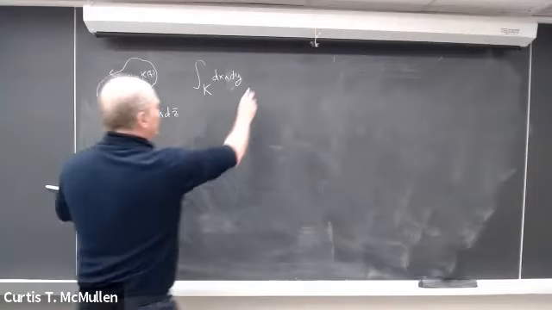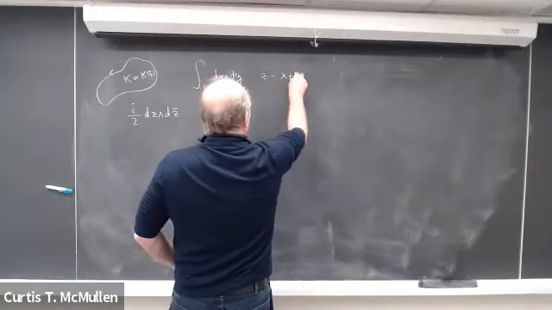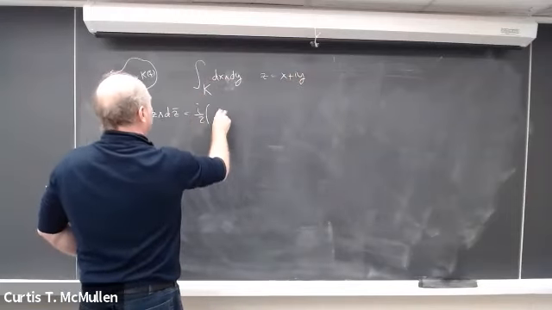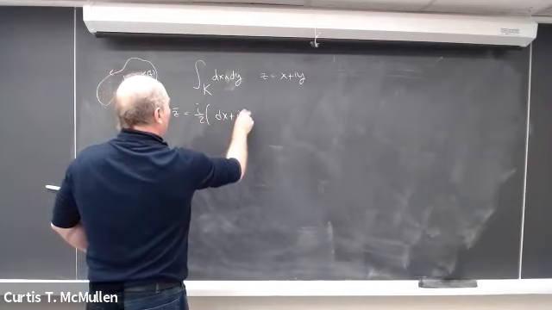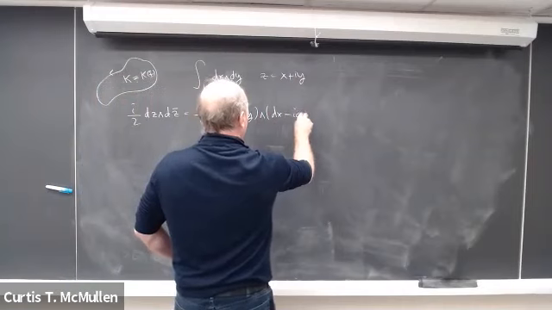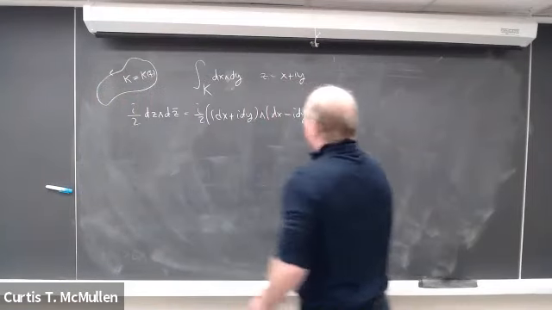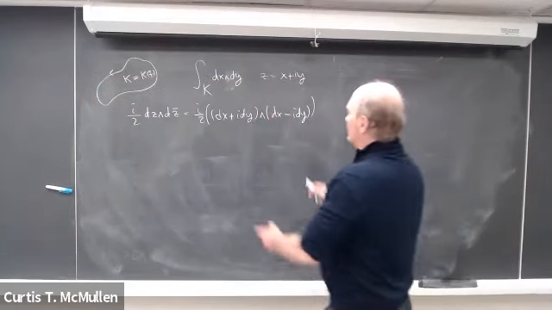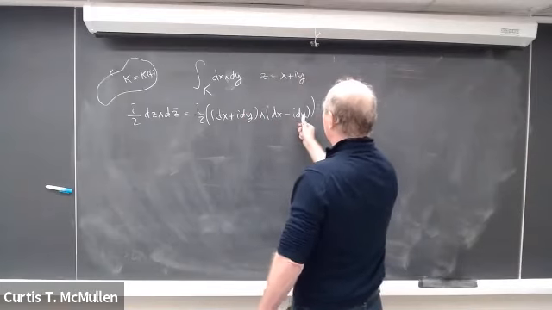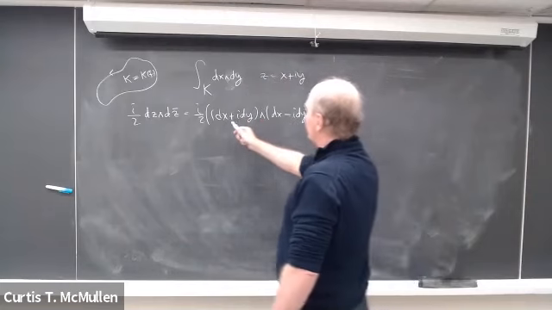Now what's the relation? You see z is x plus iy. So this is i over 2 times dx plus i dy, that's dz, wedge dx minus i dy, that's dz bar. And when you multiply things out, dx wedge dx doesn't give you anything, dy wedge dy gives you 0, but there are these cross terms.